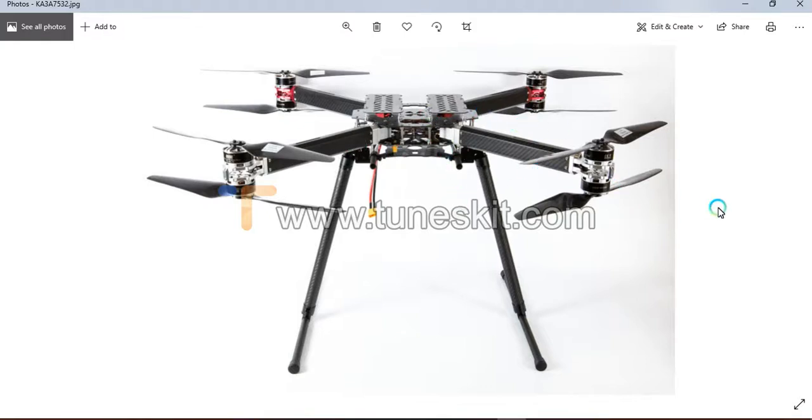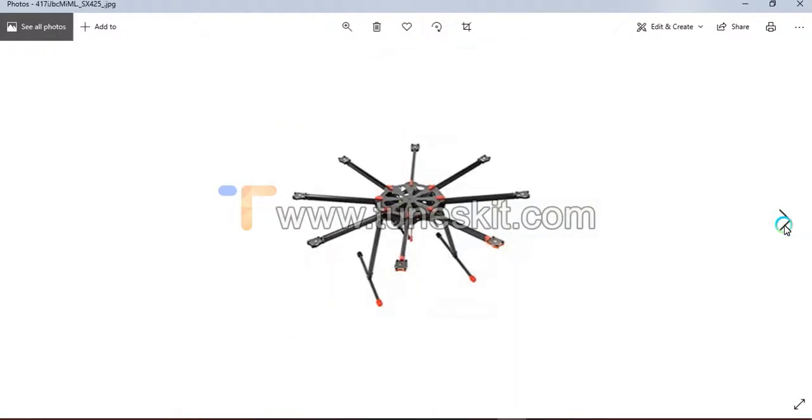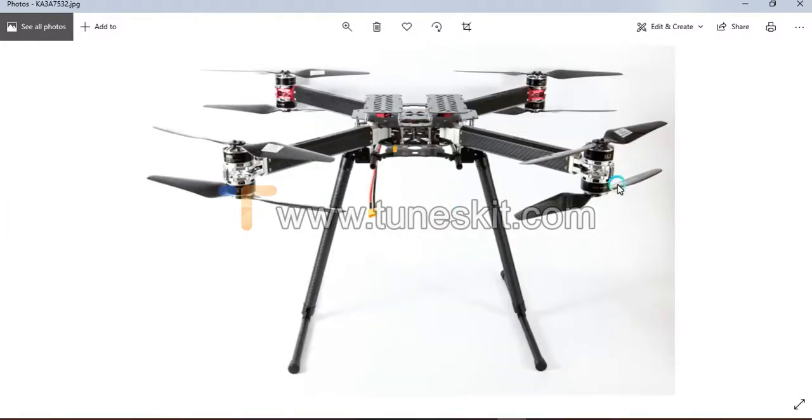So here is the frame, and on the frame we have the components of the drone being placed or inserted, and here is another one. So for example, this is an octocopter. It has 8 arms, and this design here is a quadcopter, which has 4 arms.